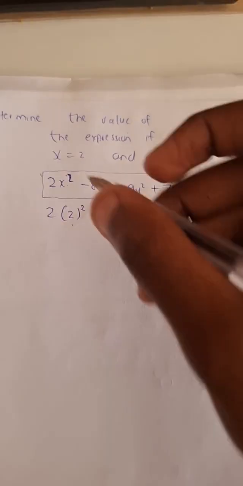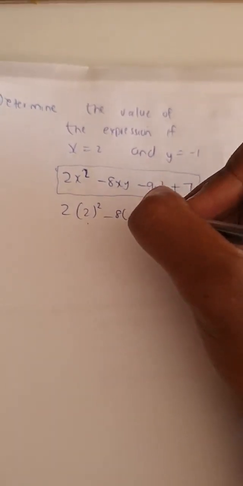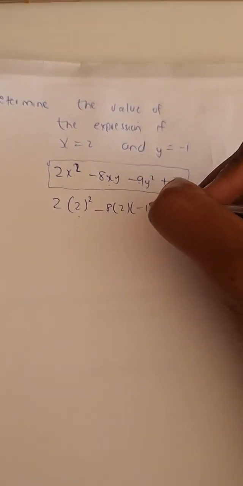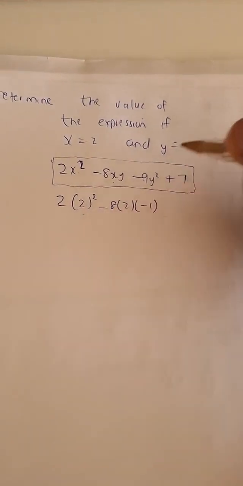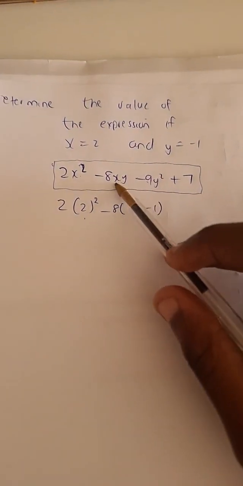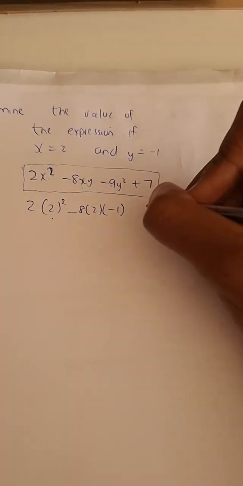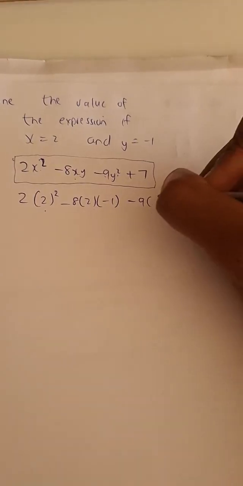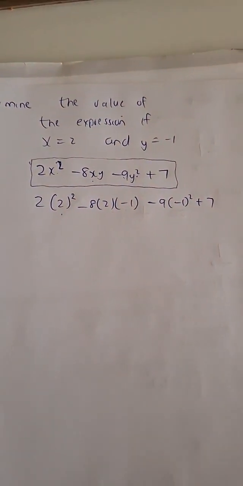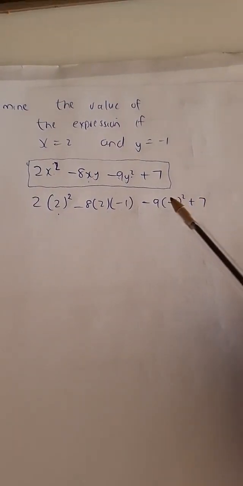Very important that we use brackets to substitute. Okay, but there is a slight error from Alungedo, because 8xy, remember, minus 9 the y, negative 1 the whole thing squared, plus 7. Okay, so this is what we do.